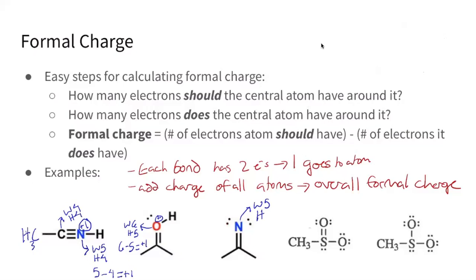This nitrogen has 6 electrons around it. So again, I'm going to subtract the amount of electrons the nitrogen does have from the amount it wants to have. 5 minus 6 equals -1. So this nitrogen has a minus charge on it because it has 1 more electron than it wants to have.